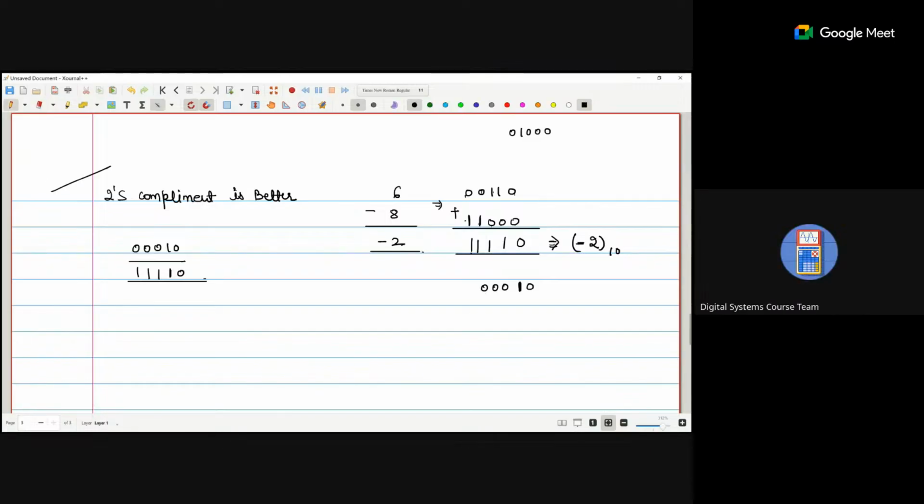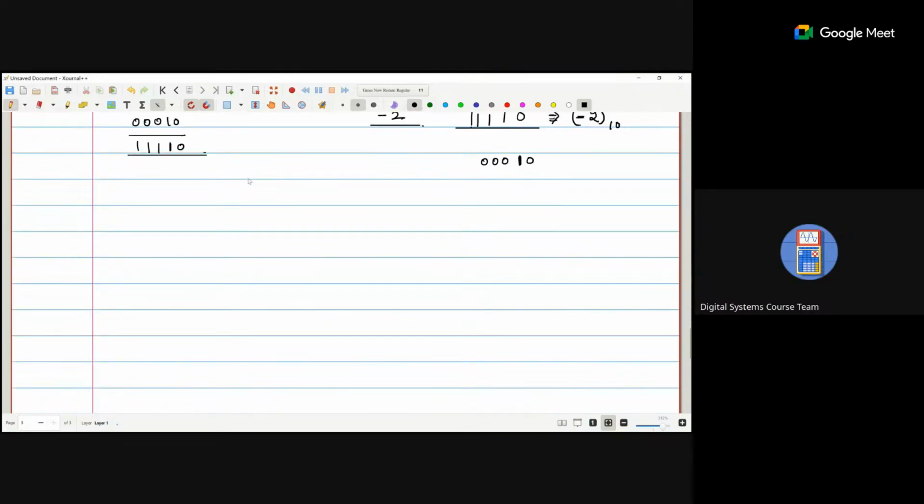So that's why we require this complement. Now, in a similar way, in books generally only the ones and twos complements are given, but for decimal we can use the ninth complement and tenth complement. For octal, we use the seventh complement and eighth complement.